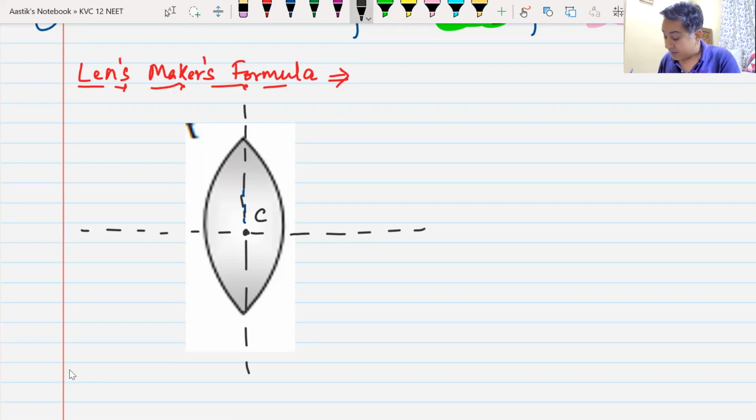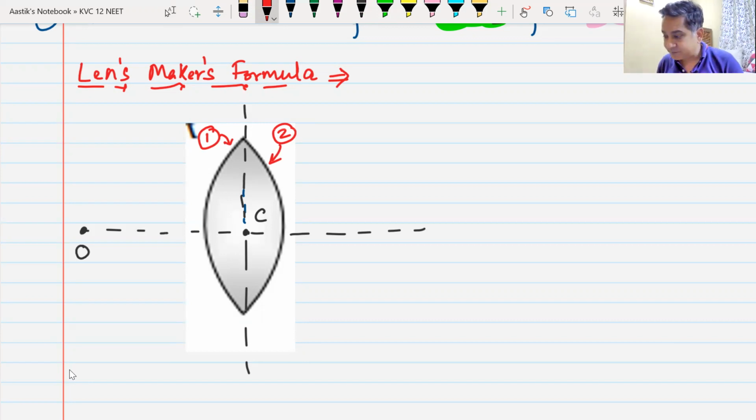Now, if the object is placed here, we call this surface the first surface, because this is the surface from which refraction is going to take place for the first time. And this becomes your second surface. If the object is placed on the other side, because it can happen, then the second surface becomes your first surface and the first surface becomes your second.